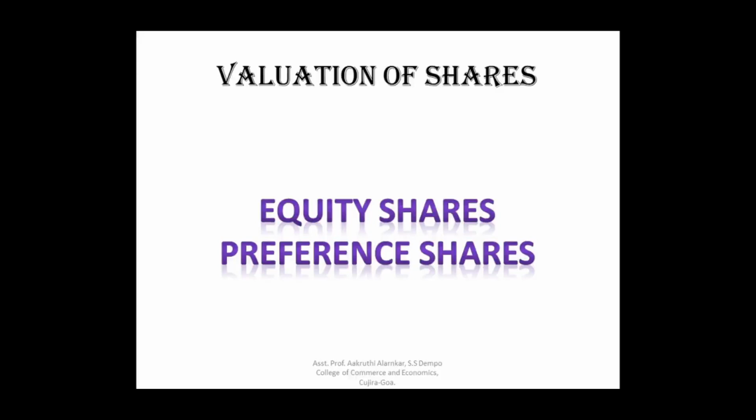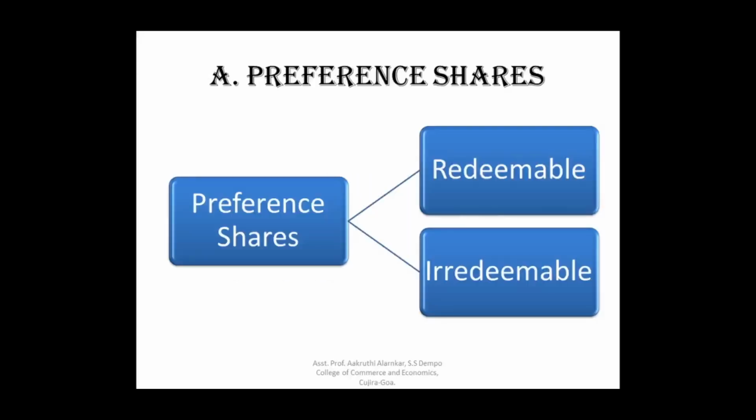Now let us move on to the first one, that is preference shares. Like bonds, preference shares are of two types, redeemable and irredeemable. The definition remains the same as we have seen in case of bonds. Redeemable preference shares can be redeemed after a certain period of time, whereas irredeemable preference shares do not have any maturity or period of life.